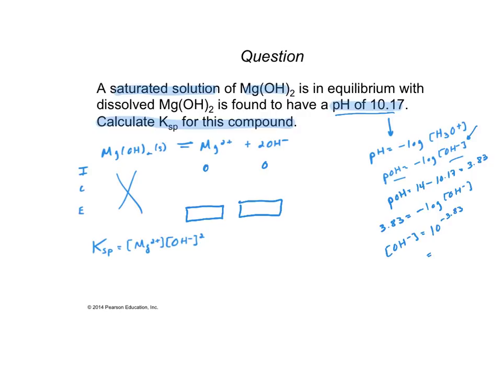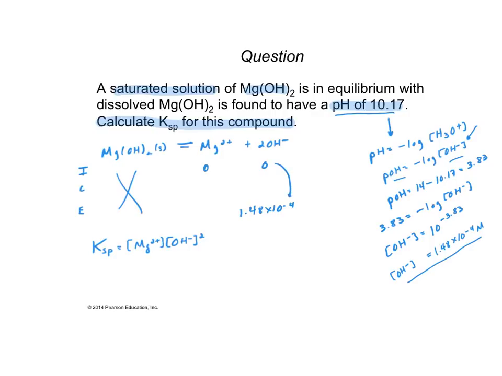It's going to give me, oh darn, I should have kept that. 10 raised to the minus 3.83 is going to give me a concentration of 1.48 times 10 to the minus 4th molar. So that is essentially telling you the concentration of OH minus at equilibrium. I'll come back over here and write that in for my OH minus. So this is 1.48 times 10 to the minus 4.